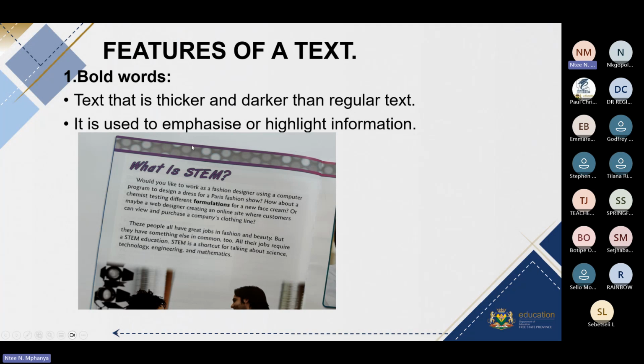It is written thicker and darker than the rest of the text. And it highlights the information on the new face cream, because it was made of different formulations which were tested in the laboratory.